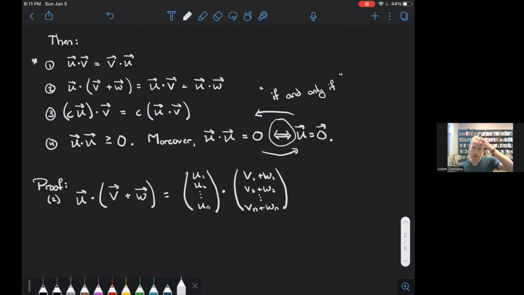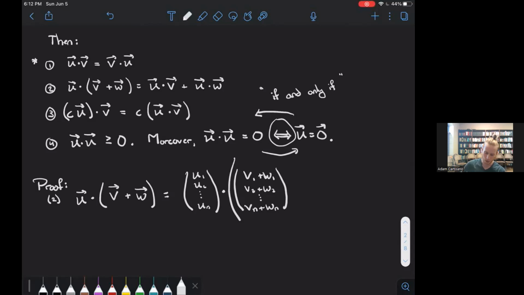Now, I skipped a step here. I should have written, giant parentheses, v1 up through vn plus w1 up through wn, and then done component-wise addition. That would be by the definition of vector addition.